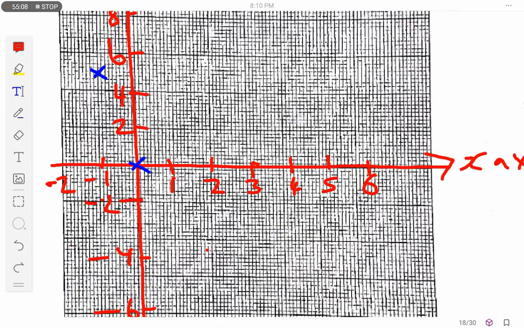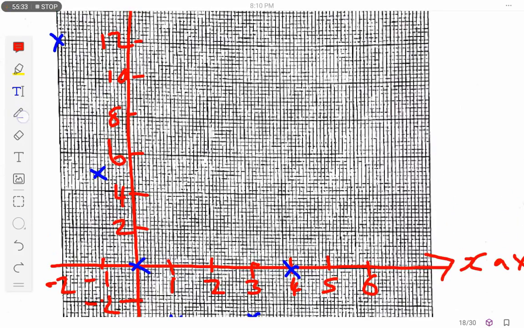Then I've got 1 and our p was minus 3, so I have 1, minus 3 there. Then I've got 2, minus 4 here. Then I've got 3, minus 3, so it's coming back here. Then I've got 4 and 0 here. Then I've got 5 and 5 there, 5 and 5.